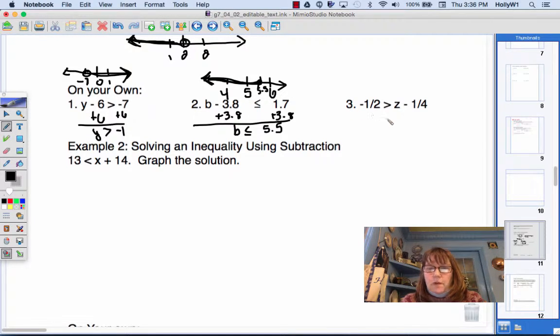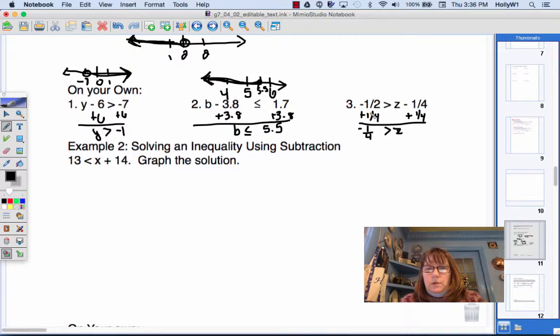all the numbers that satisfy that inequality are less than 5.5. Okay, I'm going to add 1/4 to both sides since I'm subtracting. And I end up with z is less than negative 1/2 plus 1/4, we end up with negative 1/4, right?